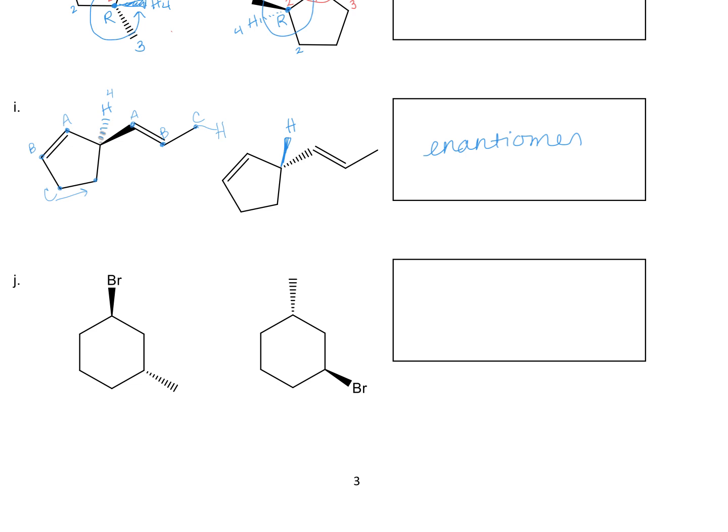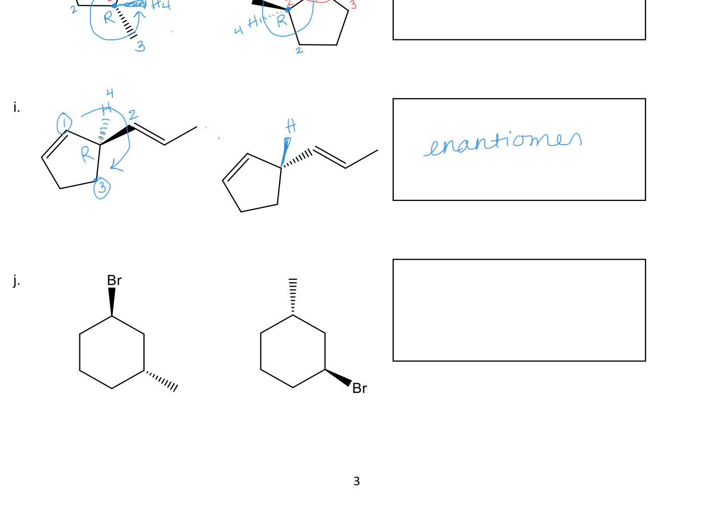So we're going to say this group in the ring is 1. This one is 2, this one is 3, and the hydrogen is 4. So it looks like it's going clockwise, and the hydrogen is in the back, so it is what it is. It's going to be R.